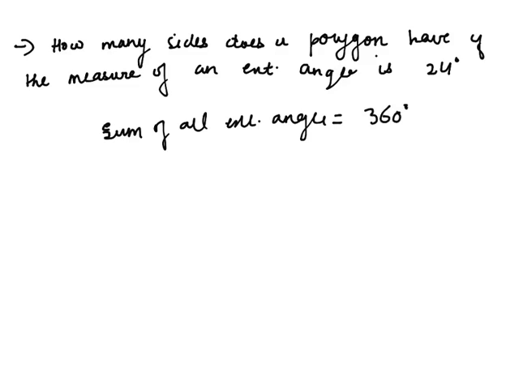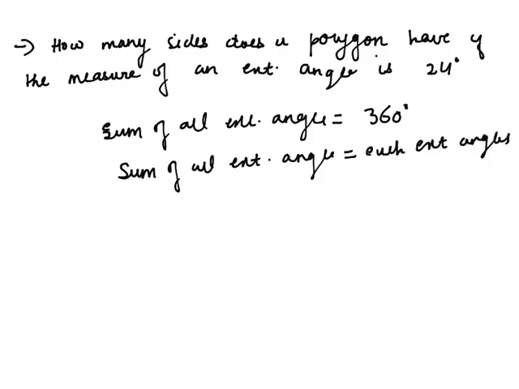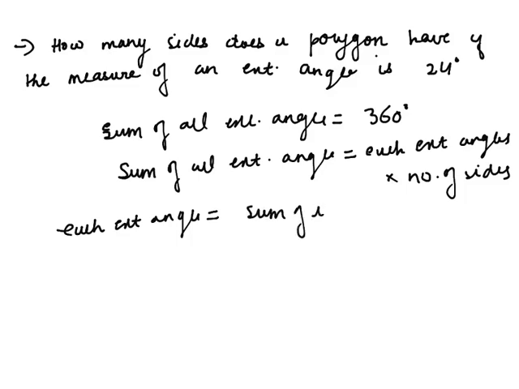And if we want to write it in another way, we can write the sum of all exterior angles will be equal to each exterior angle times the number of sides, right? Now from this equation, we can write each exterior angle is equal to the sum of all exterior angles divided by the number of sides.